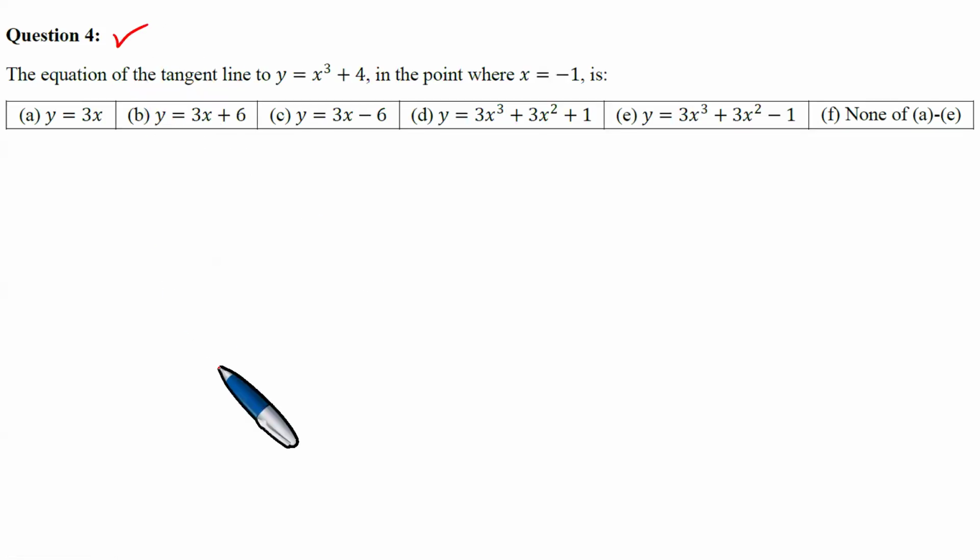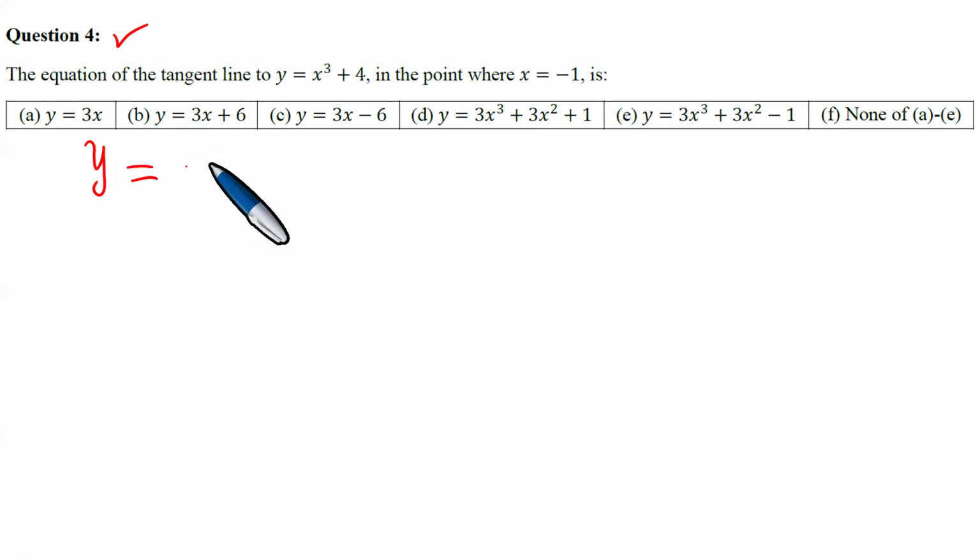Okay, now a couple of things obviously remain very important. Right, so the equation of the tangent line to the curve at the point where x is minus 1 is what exactly?